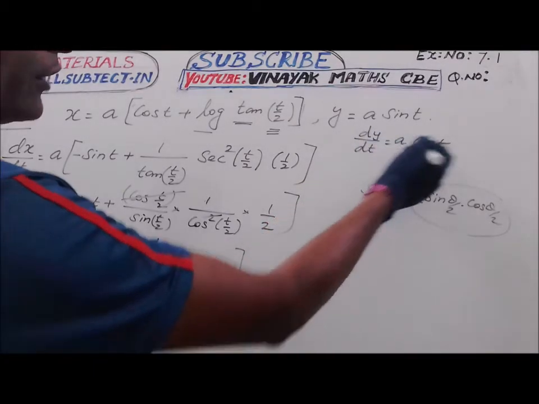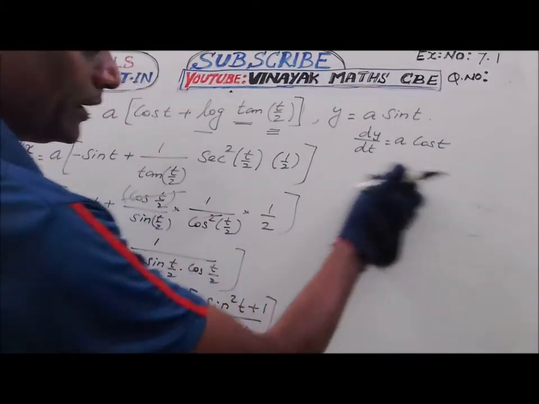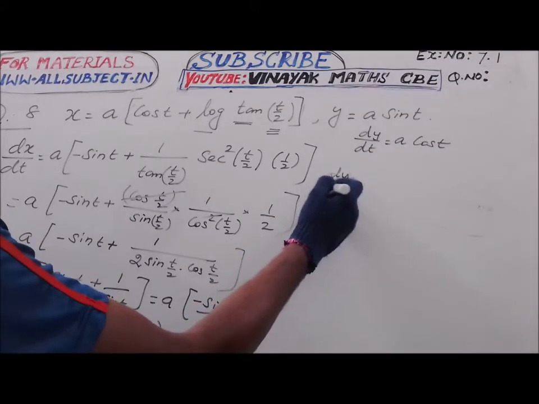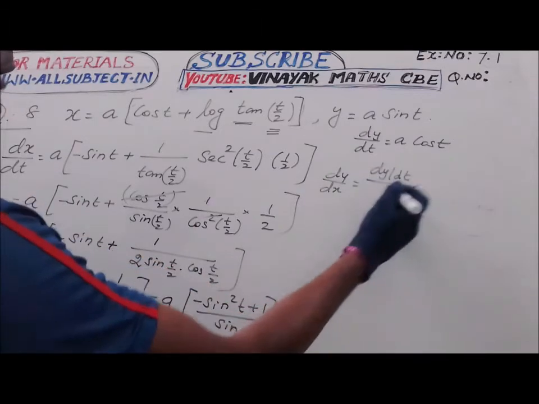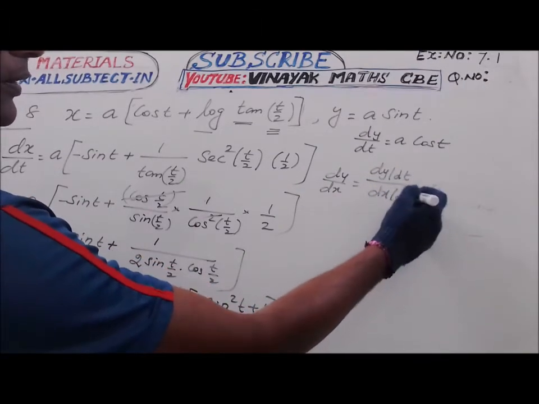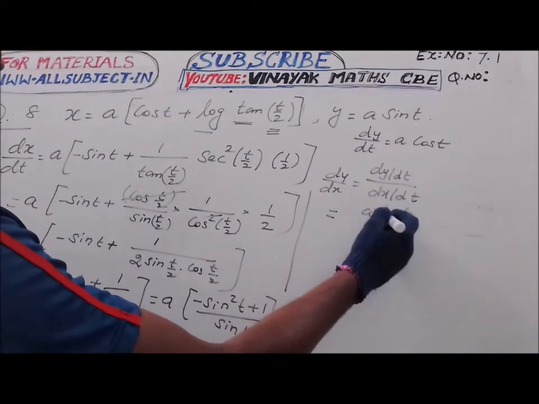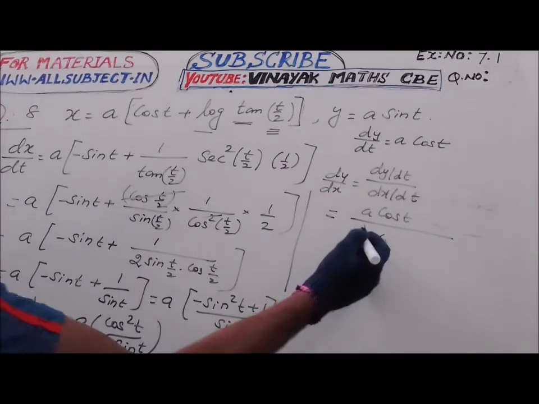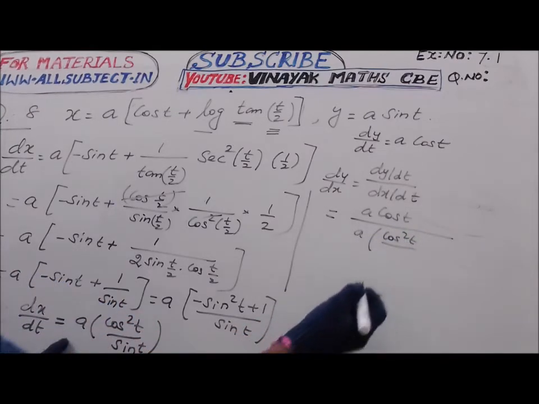And we have found dy by dt as a into cos t. Now we need to find dy by dx. dy by dx is equal to dy by dt divided by dx by dt. dy by dt is a cos t and dx by dt is a into cos square t by sin t.